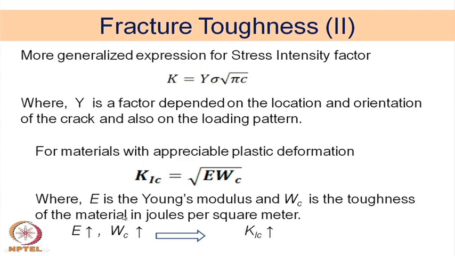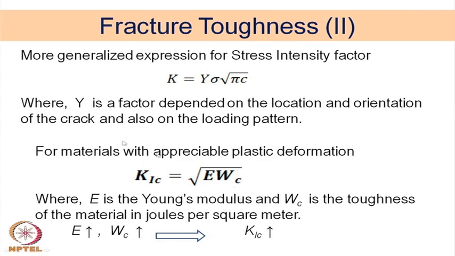If toughness is high, the KIC or the fracture toughness will also be high. Right. So, there is a relationship between these, but the two terms are not completely different, they are related, but they are different. Okay. So, one needs to distinguish between these two.